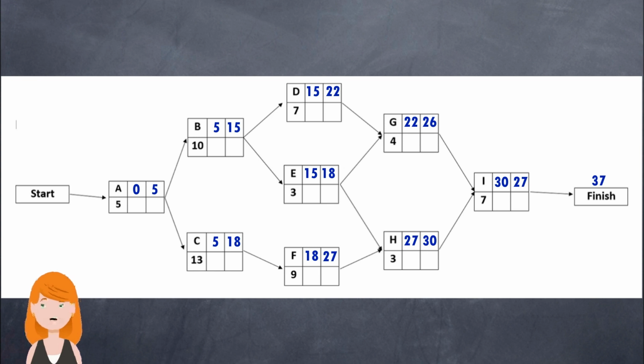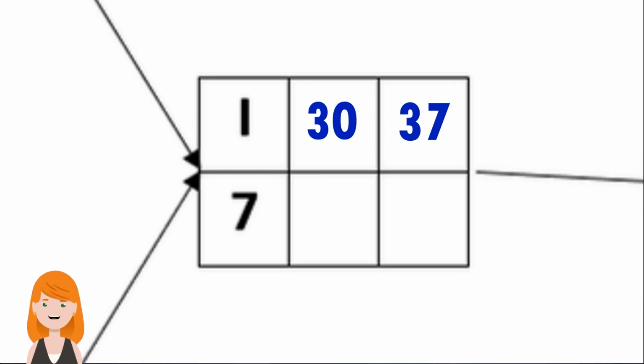Since the project completion time is 37 weeks, the latest finish time for the activity at the finish node, I, cannot be longer than 37 weeks. Next, we obtain the latest start times by subtracting the activity times from the latest finish times.